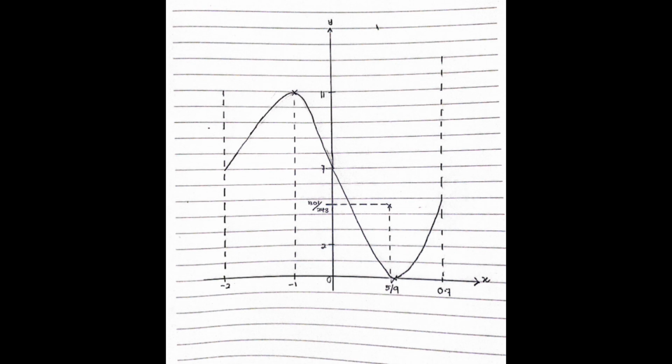Make the line to 11 at negative 2. Join the two lines together. And then continue the plot with 5 over 9 and 1301 over 243. And then plot them in the right way, and the answer will be right here. That's all from me. Thank you.